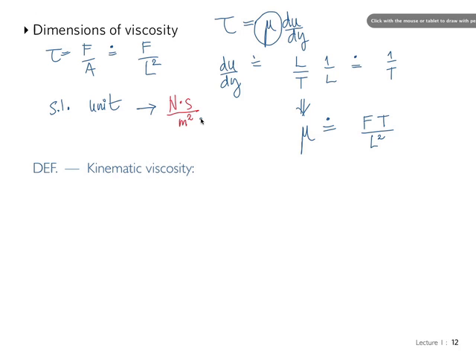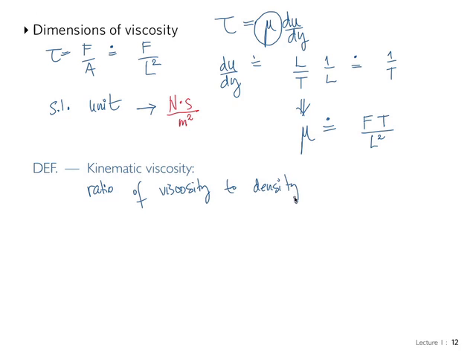So let's introduce the kinematic viscosity. The kinematic viscosity is simply the ratio of viscosity to density. So we write the Greek letter nu, and it's equal to mu divided by rho.